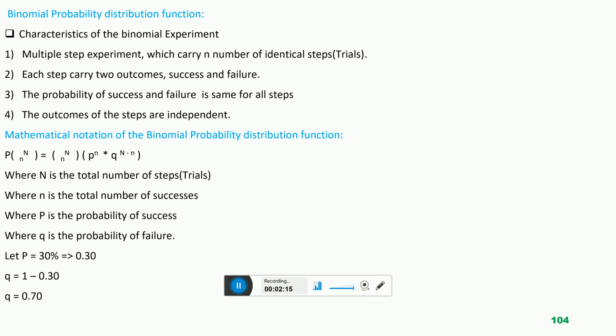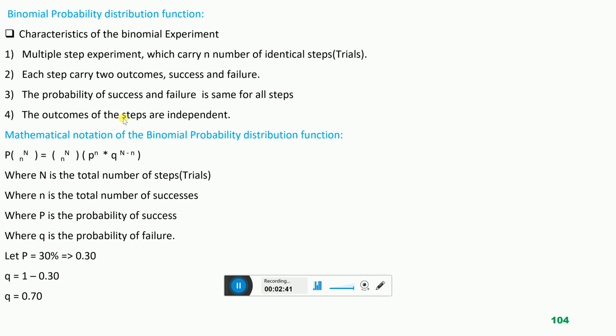Means that the probability of success of outcome must be same in all steps of the experiment, and similarly the probability of failure must be same in all steps of the experiment.